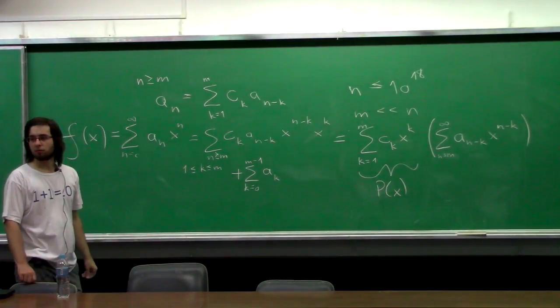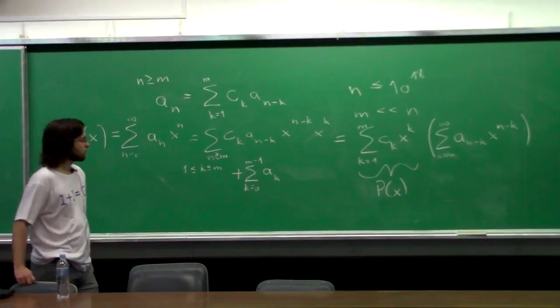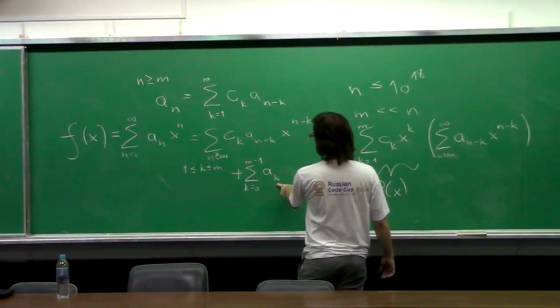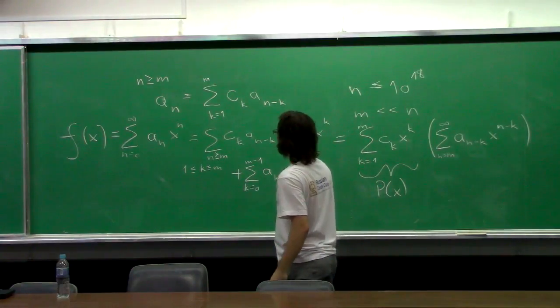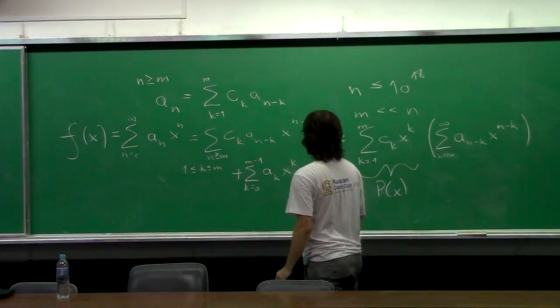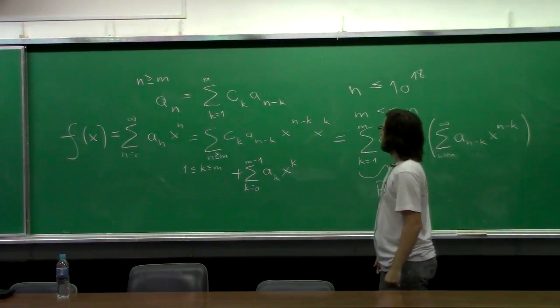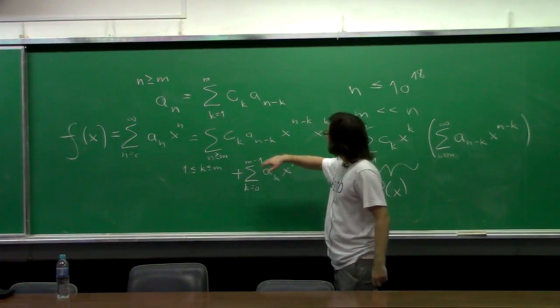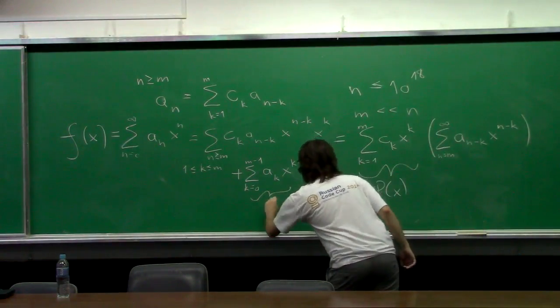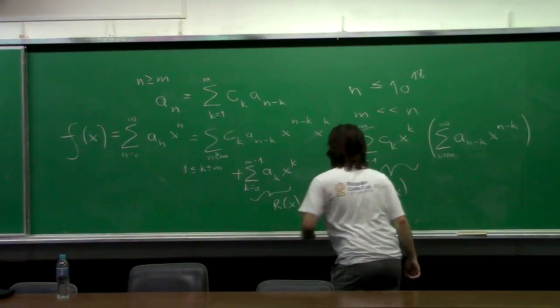Isn't it x to the power of k here? Yes, it's here too, x to the power of k. This is a polynomial. This can also be split into this. Okay, this is a polynomial R(x).